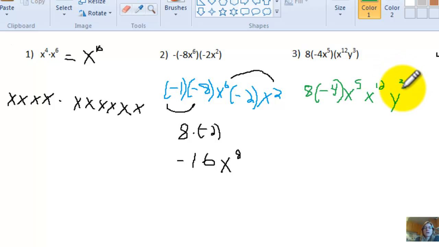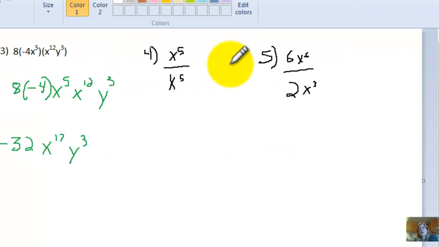So we combine our like terms, which is multiply the numbers. That gives us -32. Then we can add the exponents of the same base, and that gives us x to the 17th. And then we don't have anything to do for the y except leave it alone, y to the 3rd. So that's the answer to number 3.